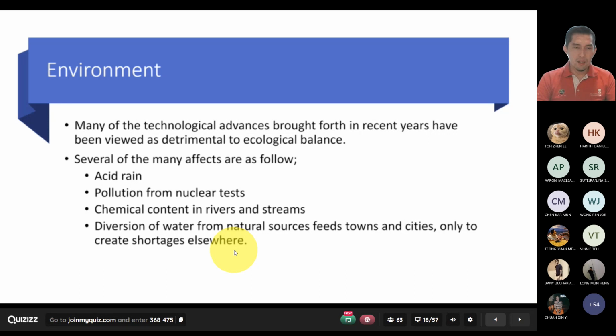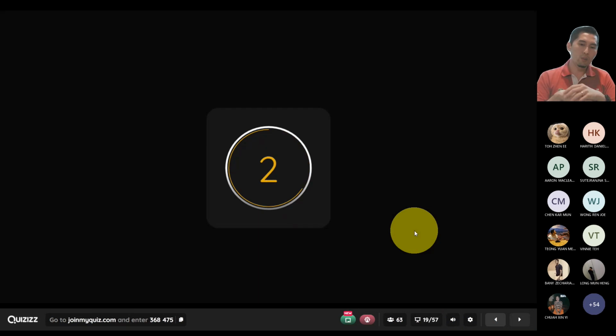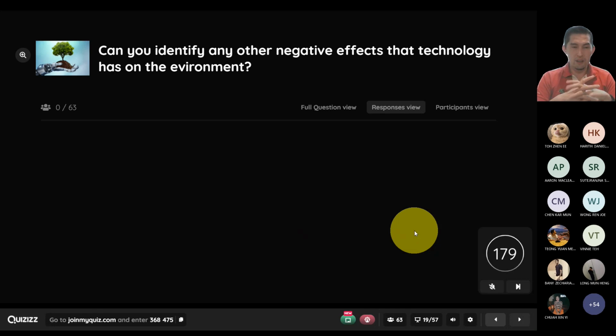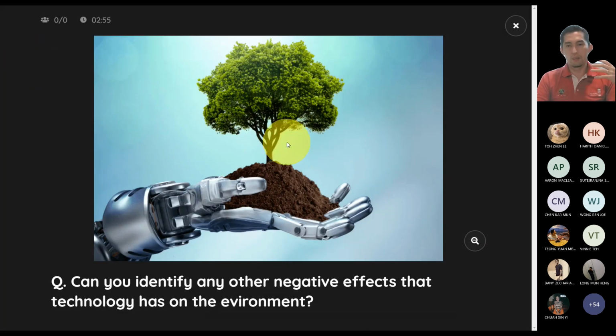So there are many different environmental effects that come from technology. On the other hand, what other areas can you identify? This is something good that you will need to start exploring, because even if this is asked in your exam, for example, you may not just want to look at that slide that you saw before, remember it, and keep memorizing the same thing again and again. It's better that you understand the context.